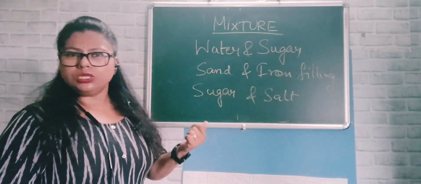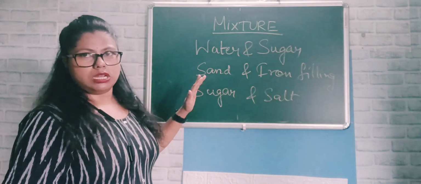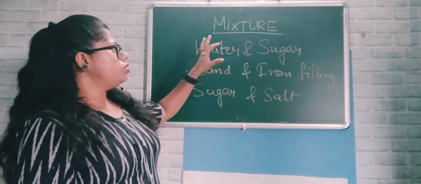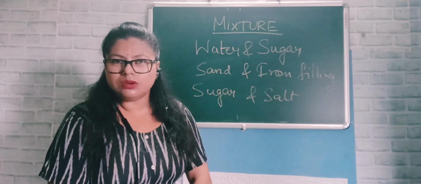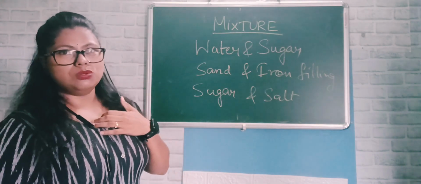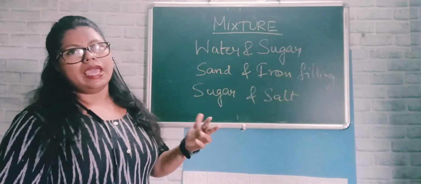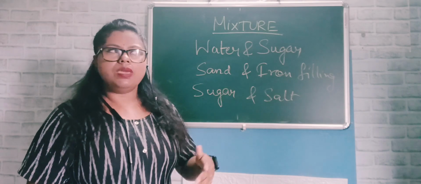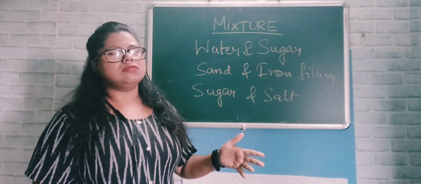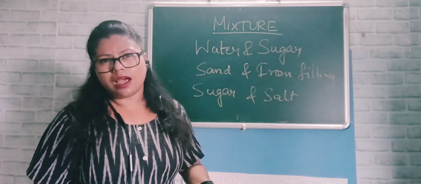But you need to understand that in any of these, there is no fixed proportion. You don't have any fixed proportion of water to sugar to make a particular type of solution. Like if I'm making a solution where I'm dissolving 2 spoons of sugar in 100 ml of water, maybe somebody else wants the water to be sweeter and dissolves 3 spoons of sugar into that 100 ml water.